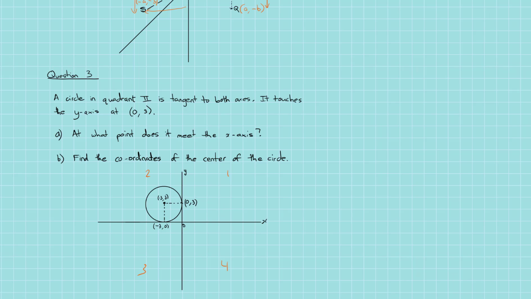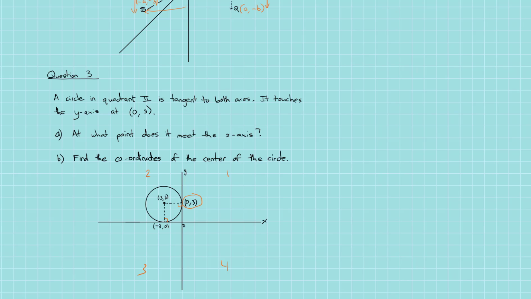The information given is that the circle touches the y-axis at 0, 3. That's here. So it's tangent to the y-axis. That means the radius makes a 90-degree angle with the y-axis. If it's also tangent to the x-axis, it means that the radius should make a 90-degree angle with the x-axis as well.